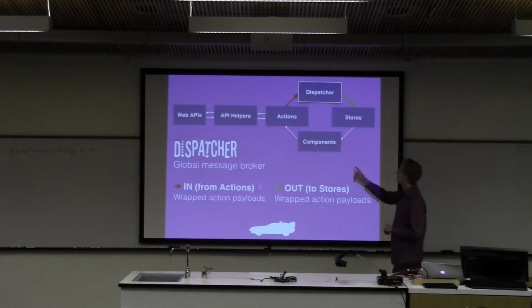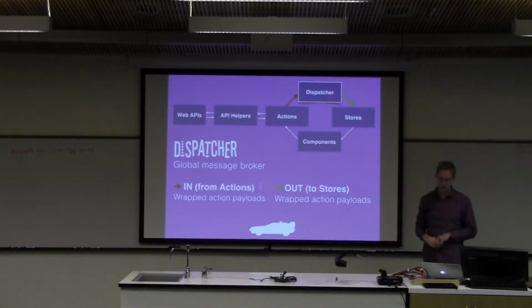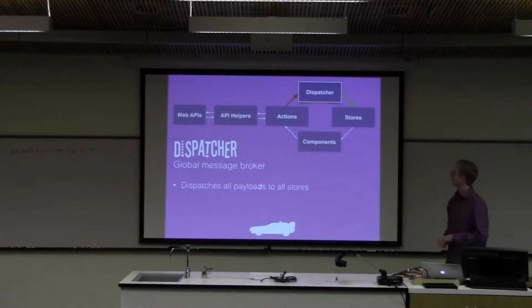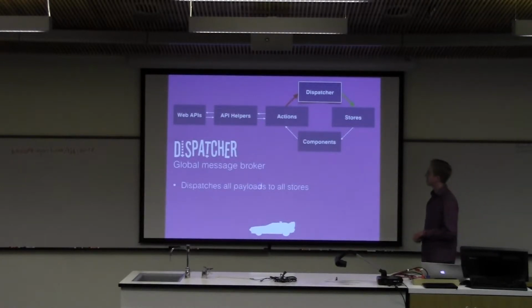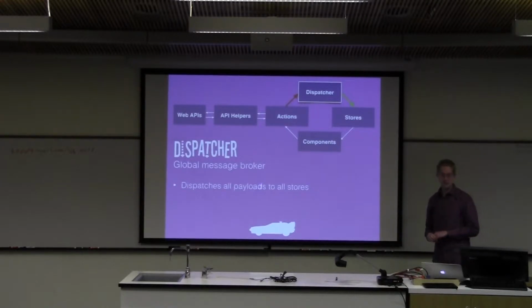It's a layer so that these actions don't need to know about the stores, because those could be many to many. We could just know about one dispatcher. And the dispatcher also allows us a couple of interesting things. So one is it dispatches all payloads to all stores. So this allows us to be able to depend on different stores. We're going to talk about that a little bit as a part of the stores.